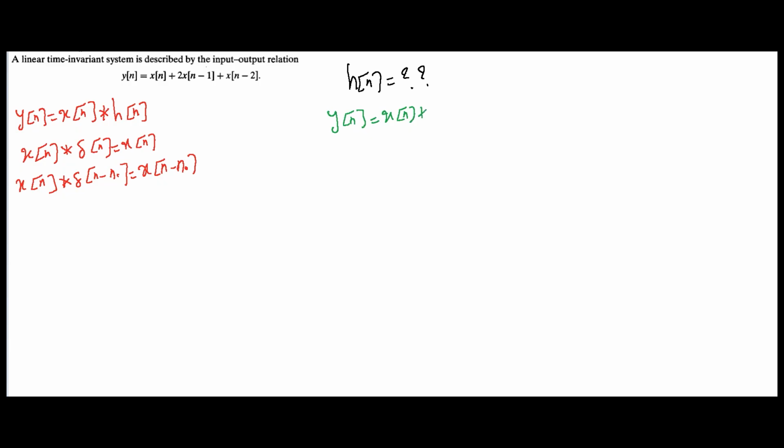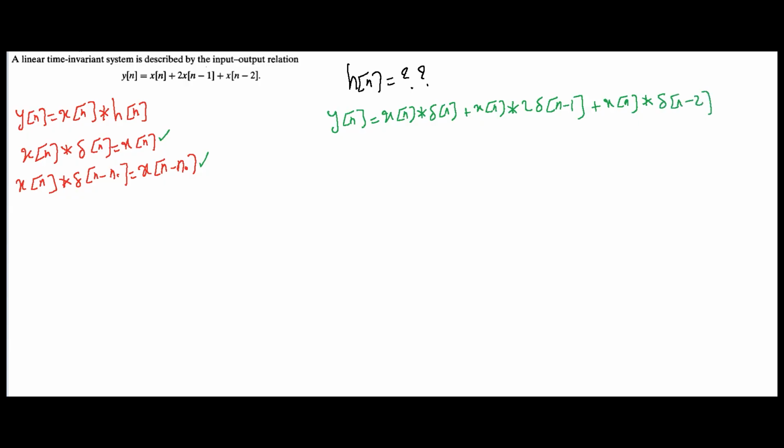We replace x[n] with the convolution of x[n] and delta[n]. Similarly, x[n-1] becomes the convolution of x[n] with delta[n-1]. Finally, x[n-2] becomes the convolution of x[n] with delta[n-2].